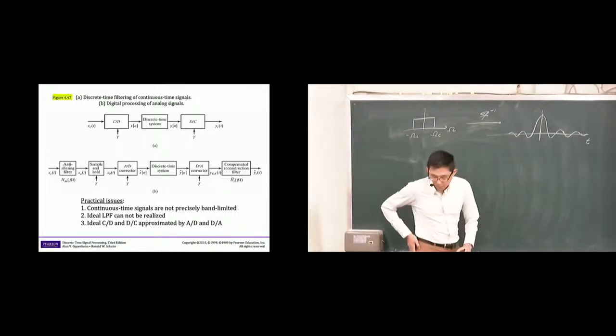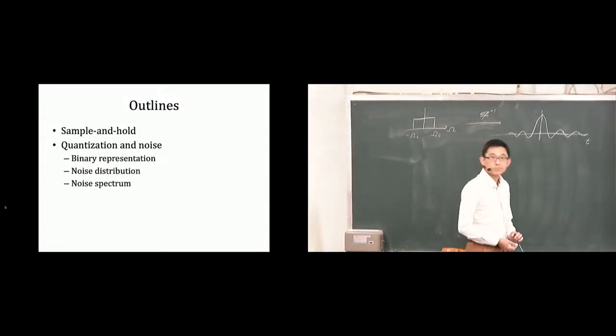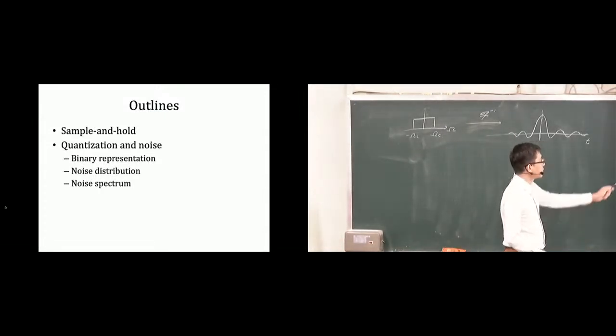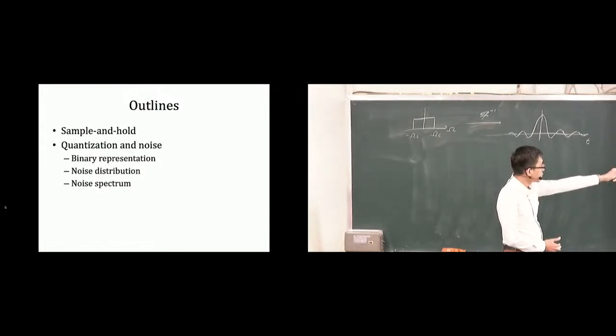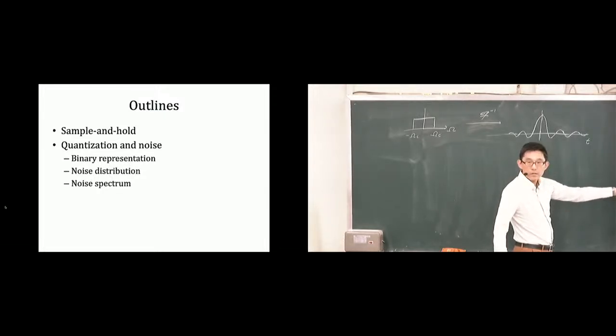So with those few remarks in mind, here is the outline for this lecture. In the next few slides, I will first briefly talk about sample and hold. Very simple idea. Following that, we go to the issue of quantization and the noise it introduces. We'll talk about binary representation of numbers, and some properties of the noise introduced by quantization, by rounding.